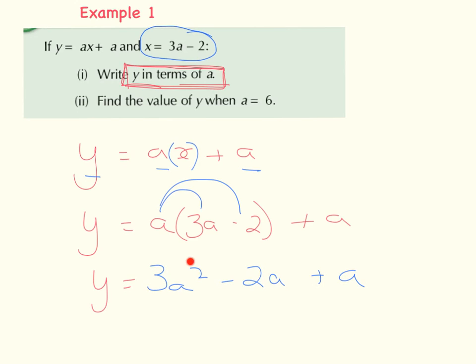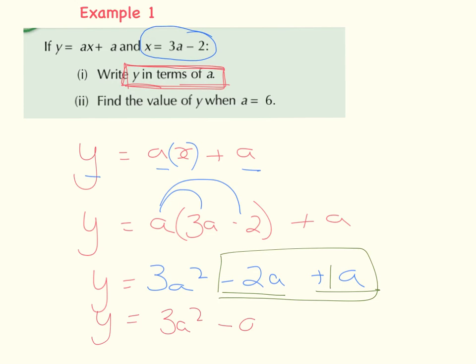We have an a squared, and there's nothing else with an a squared here, so we can't do anything there. But we do have a minus 2a and a plus a, which is the same as minus 2a and plus 1a. So I can group them together, and I will be left with y equals 3a squared, and minus 2a plus 1a gives me minus 1a. Or I could just write minus a.